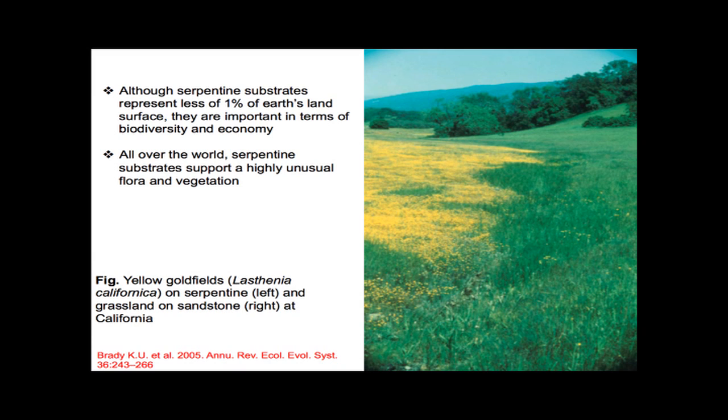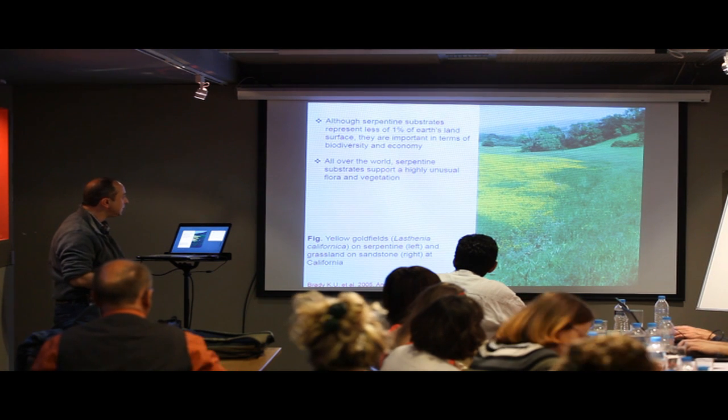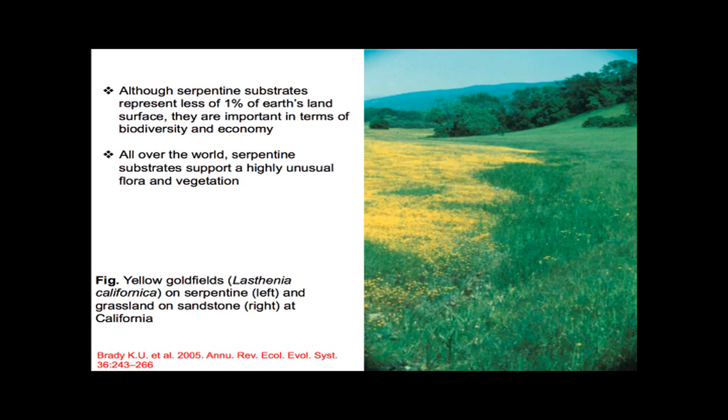Here in the picture we can see a grassland. On the left part of the picture, we can see that a species with yellow flowers dominates, and in this area we have serpentine substrate, while in this area we have a change in the substrate.